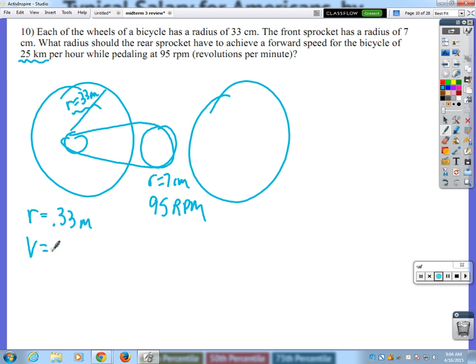The velocity is not 25 kilometers per hour, it is 25,000 meters per hour. So if you divide those two, the angular velocity is 75758 radians per hour.